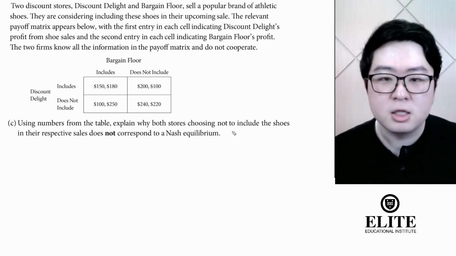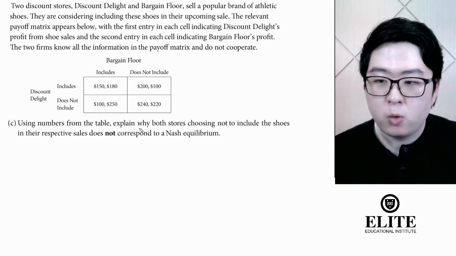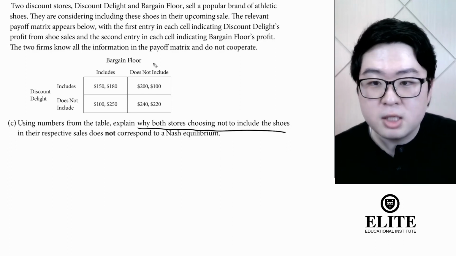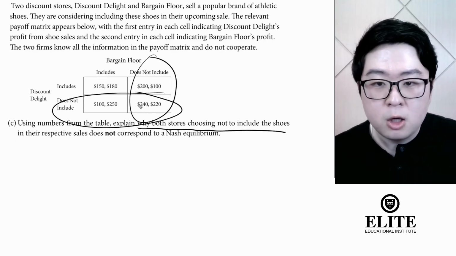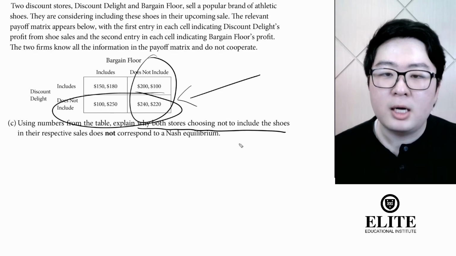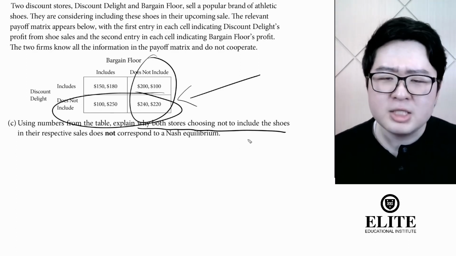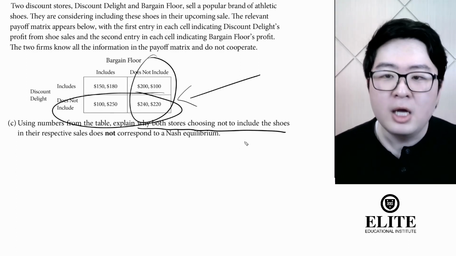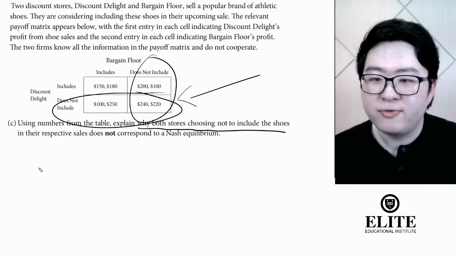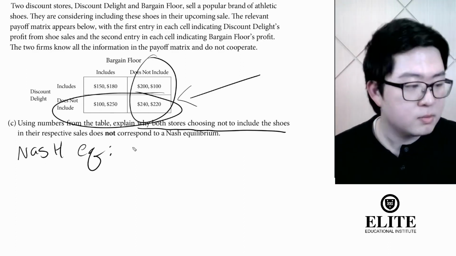So here we're taking a look at the cell where both stores do not include. So that's going to be this cell right here. To determine whether this situation is a Nash equilibrium, we need to think: does either player have an incentive to switch?